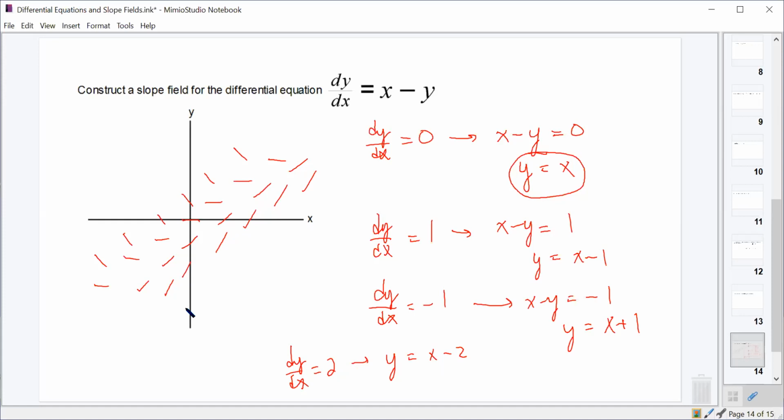And then the next one should be a little steeper, and then a little steeper, and then a little steeper. And then going the other direction, we should end up getting lines like -2, -3, -4, and these should continue getting steeper up this way as well. Does that make sense? Any questions or issues with that?